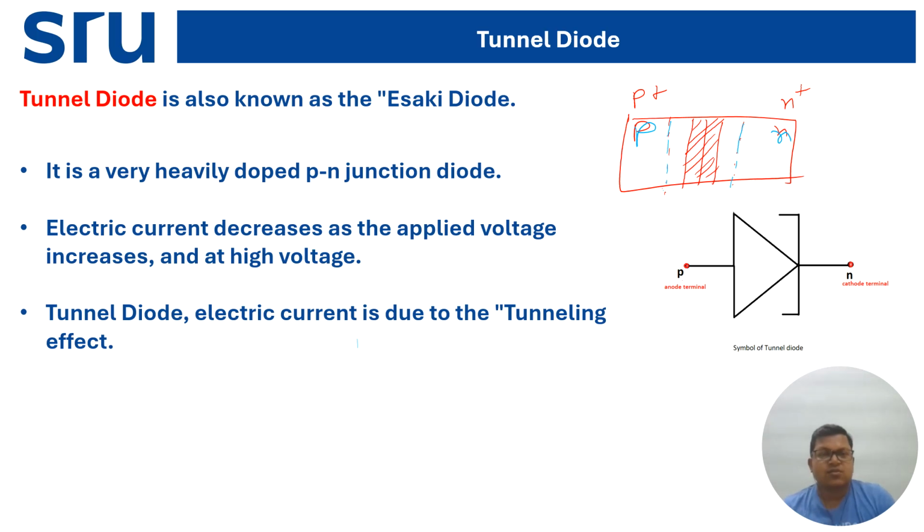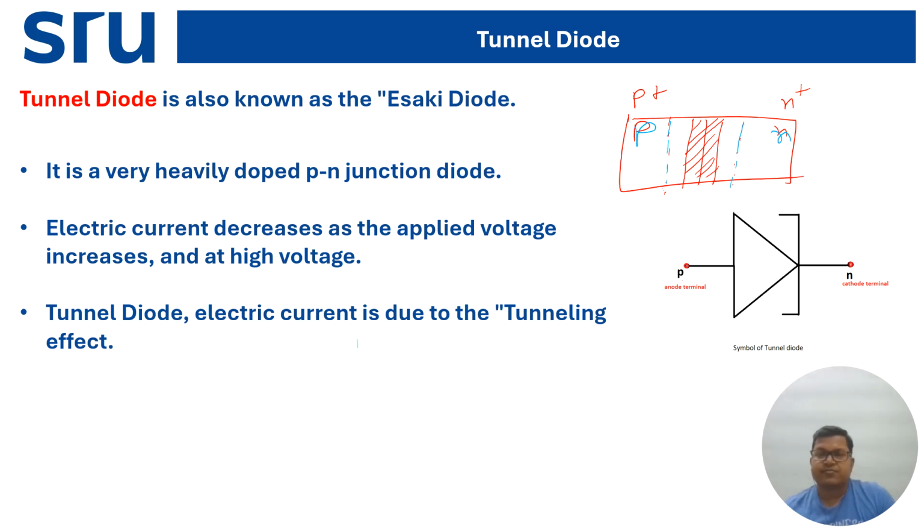That is one of our motivations to have a heavily doped p-n junction. The electric current decreases as the applied voltage increases, at high voltage, right? The tunnel diode electric current is due to the tunneling effect.